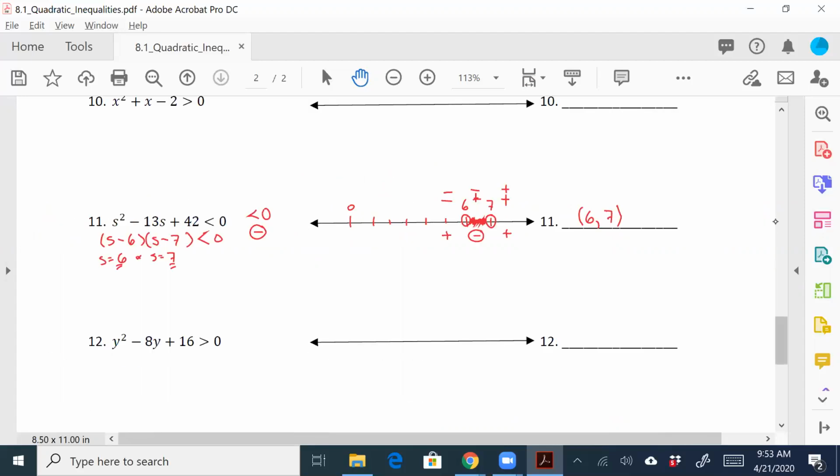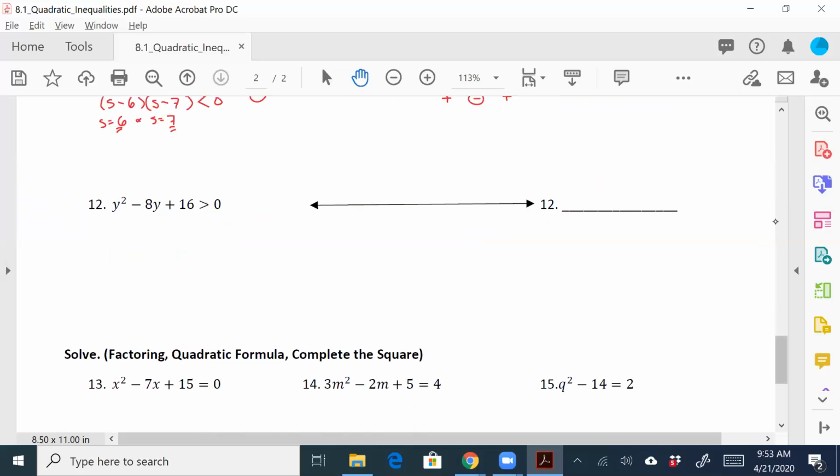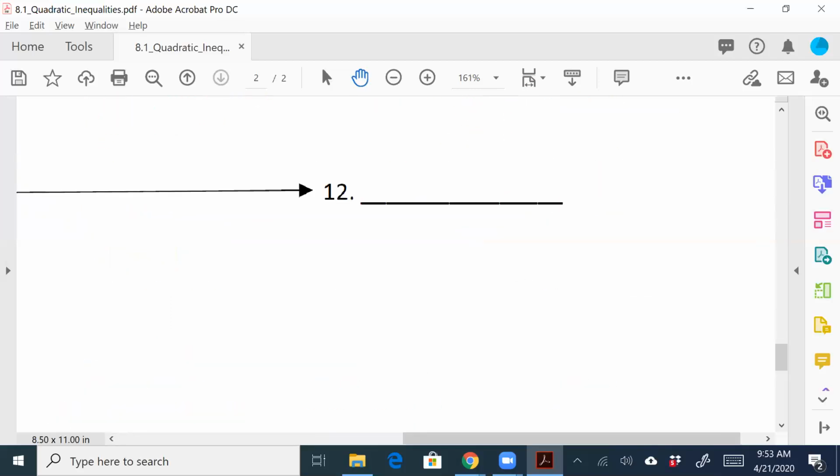How do we know we have to use a parenthesis or a bracket? That's a good question. Let me answer that just to the side here real quick. X is less than 3 looks like this.